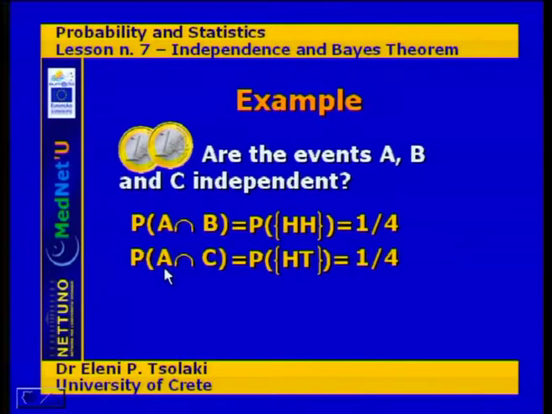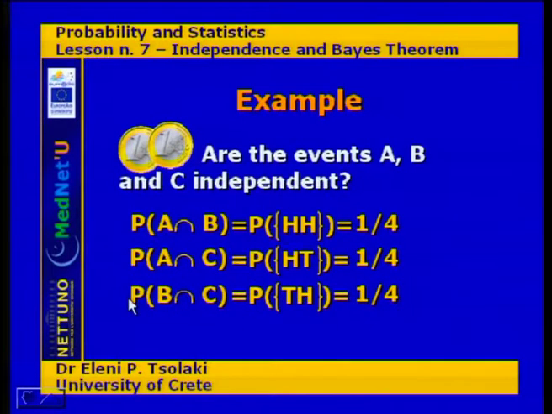The probability of the intersection of the events A and C equals the probability of the outcome head-tail, which is 1 over 4. And finally, the probability of B intersection C, again, is 1 over 4.